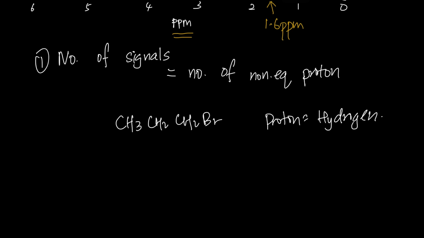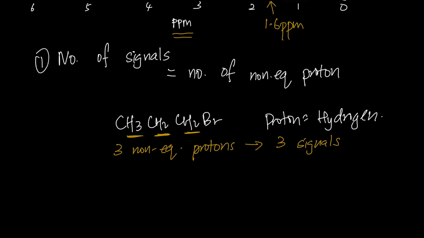In total, you only see 1, 2, and 3. You're going to see 3 signals, because there are three non-equivalent protons. These three non-equivalent protons will give you three signals.